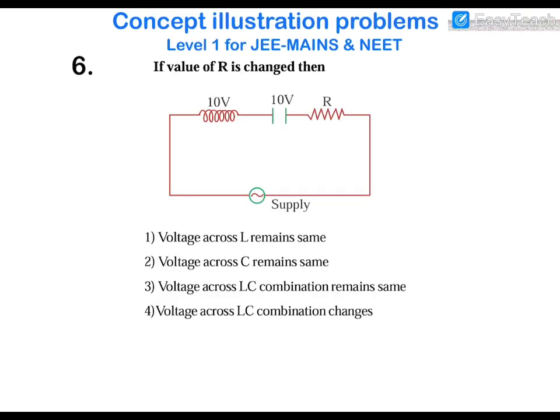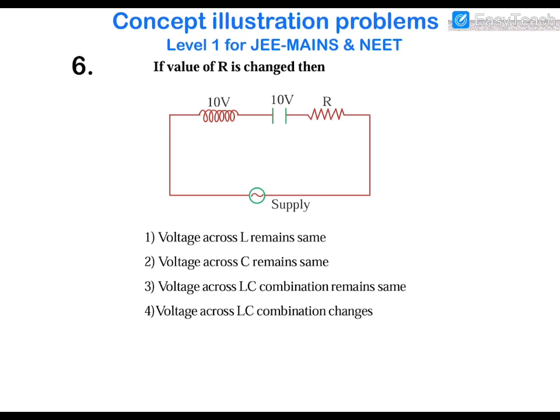In this question, you can see that this is a series LCR circuit, and in this series circuit, the voltage across this inductor and the voltage across this capacitor is equal, and obviously therefore there will be a resonance condition in this circuit.